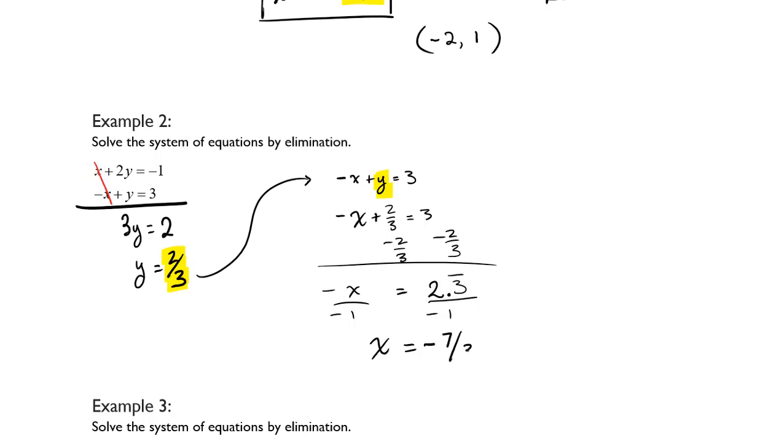So my solution in the x direction is negative 7/3. My solution in the y direction is positive 2/3. And so the coordinate point is negative 7/3, comma, 2/3.